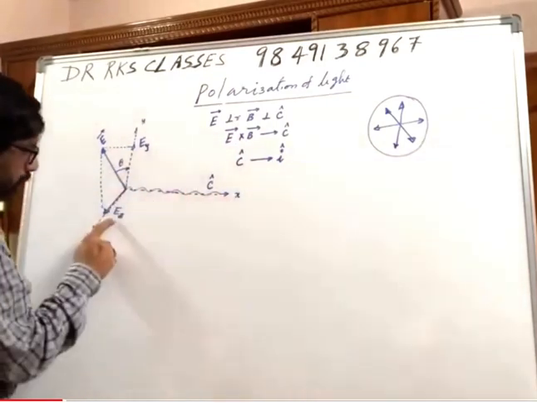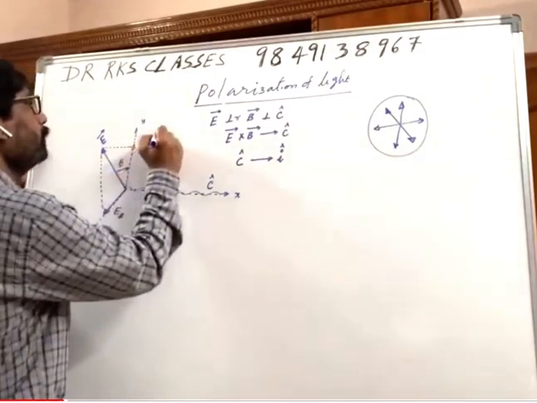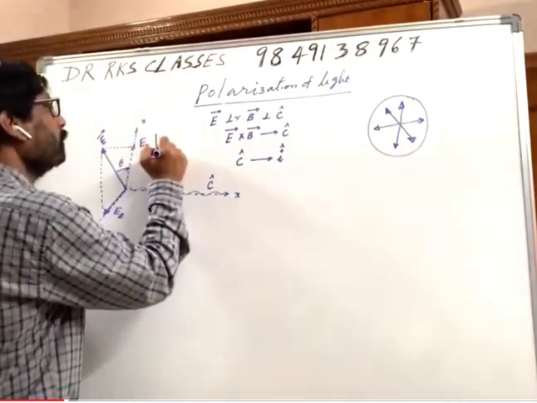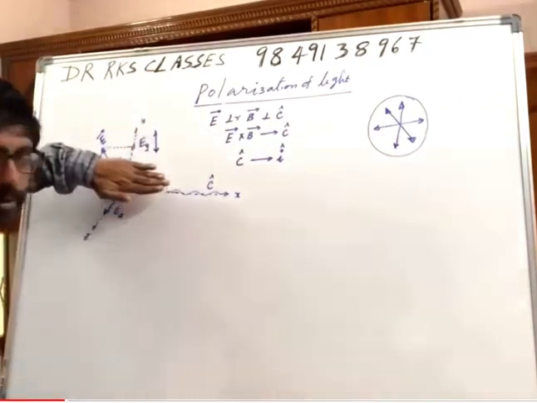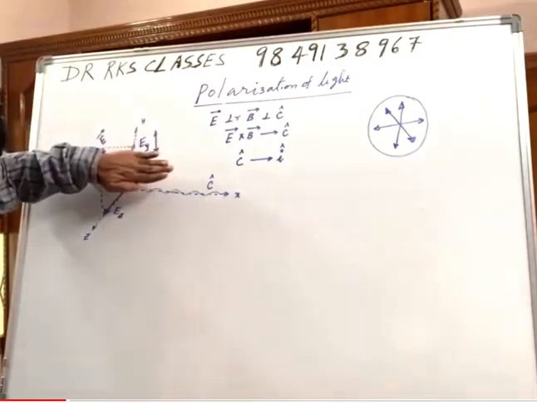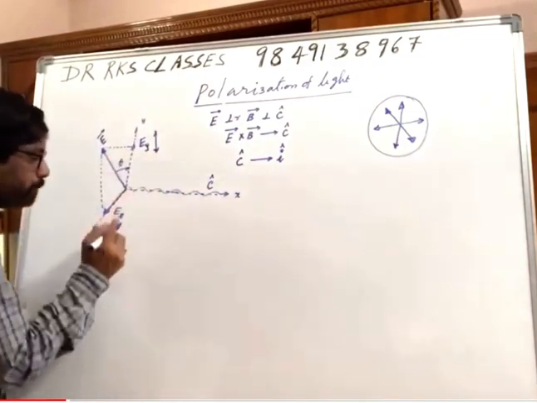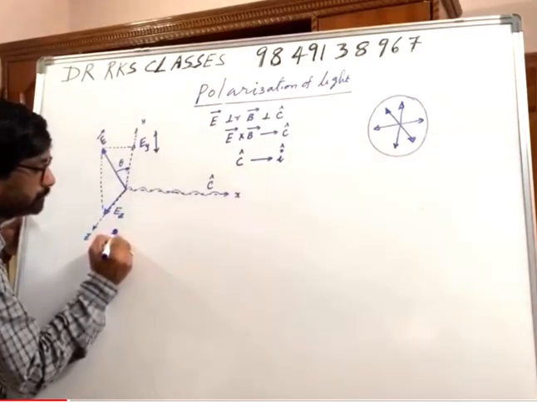Okay. So generally, the standard notation is we represent the Ey component as a double arrow. Any electric field vibrations parallel to the plane are Ey. Perpendicular to the plane is represented by a dot. Remember that. Okay.